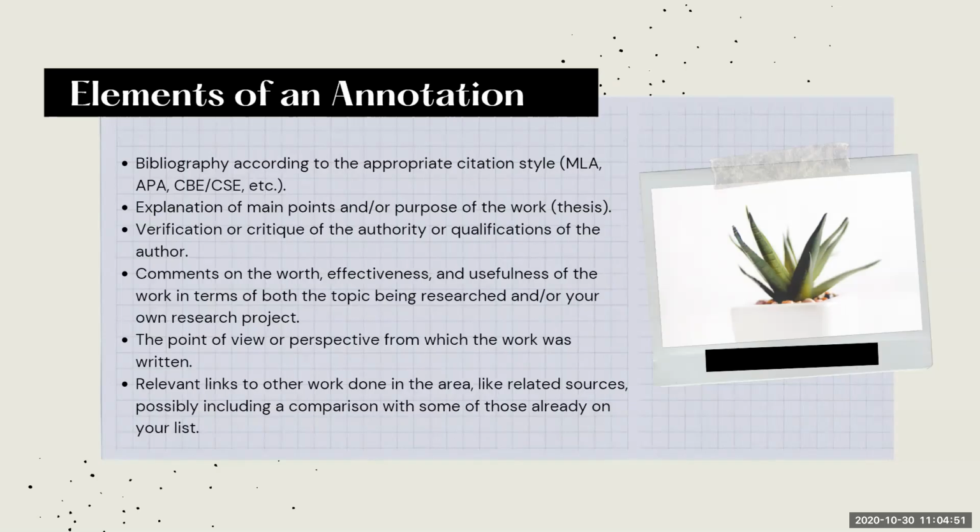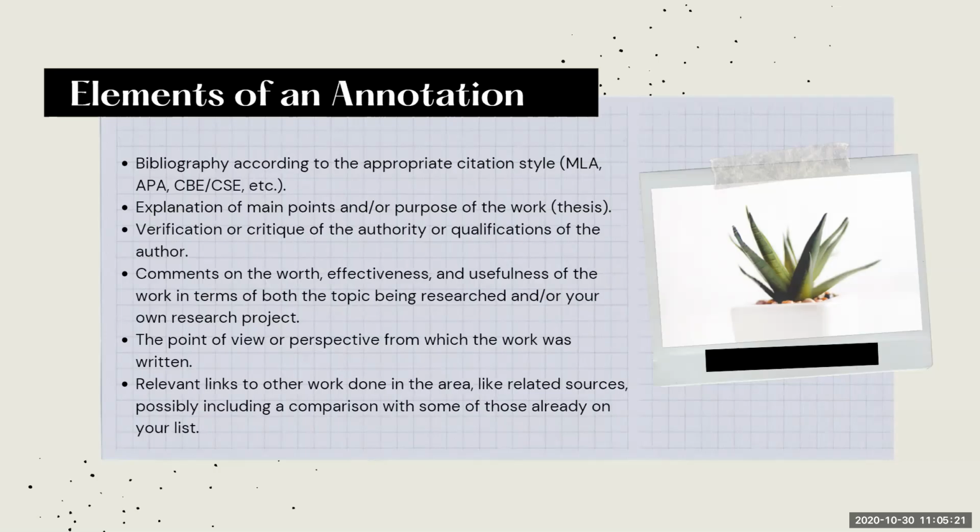And then it also links to other works done in the area, such as related sources, possibly including a comparison with some of those that are already on your list. So if you find that two sources work really well together, they complement one another, that might be something that you mention in your annotation, just so that way your reader sees how you're connecting your sources together, and how they relate to one another, as opposed to all of these sources being standalone.